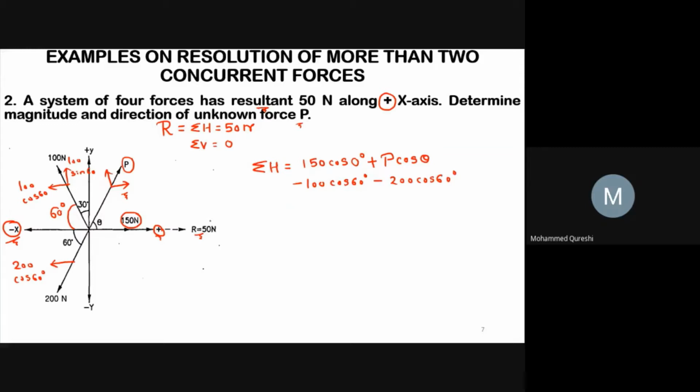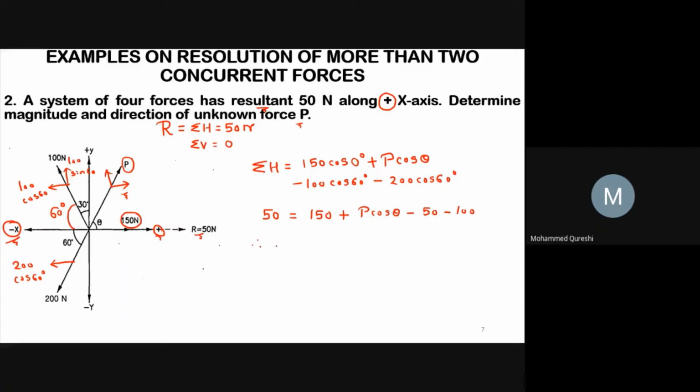But in the given data, we know the value of sigma H. What is sigma H? Sigma H is nothing but 50 Newton. So 150 cos 0 is 150, plus P cos theta as it is unknown, then minus 100 cos 60 is 50, minus 200 cos 60 is 100.